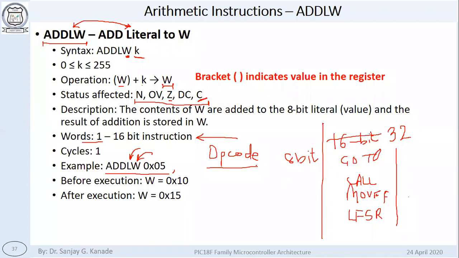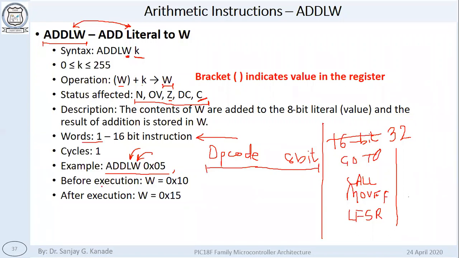So we have only 16 bits to store this instruction. 8 bits are going to be taken up by this value, and some bits by the opcode. So you cannot have any other hexadecimal value in the instruction. This is also a way of keeping the size of the instructions correct.